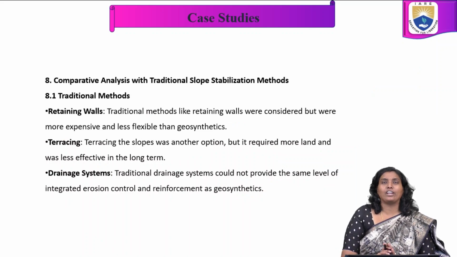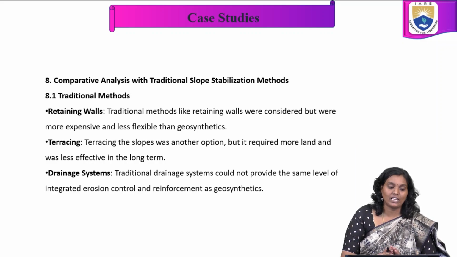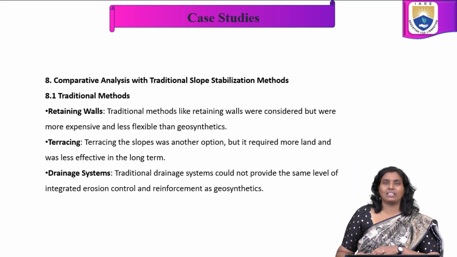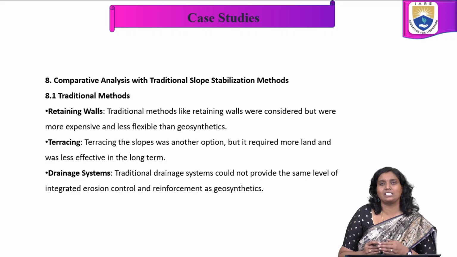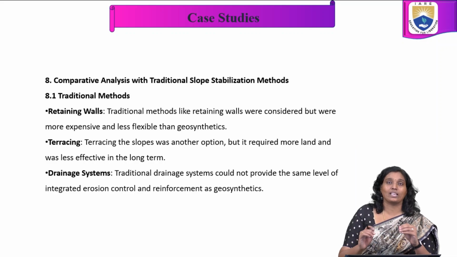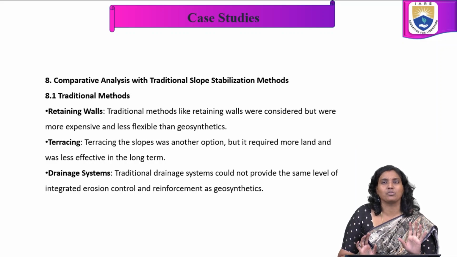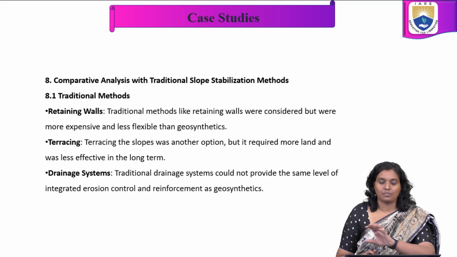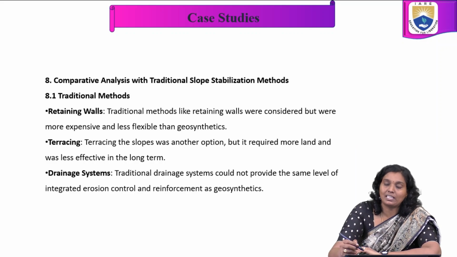Coming to the comparative analysis with traditional slope stabilization methods. The traditional methods are retaining walls, terracing, and drainage systems. Retaining walls were considered but were more expensive and less flexible than geosynthetics. So these are the traditional methods we have.